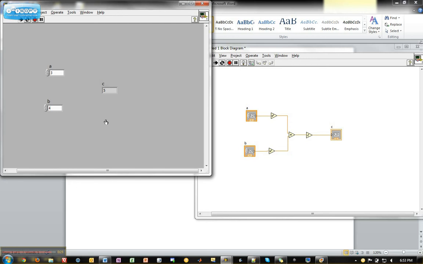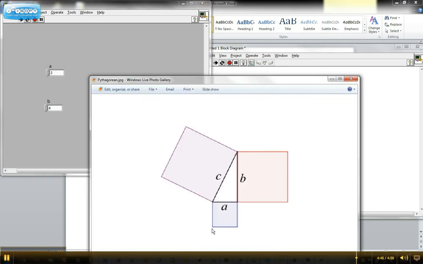That's 25. Now that would be the value that you get if you had C squared, but since we're taking the square root of 25, we end up with C equals 5. And if A were 3 and B were 4, C would equal 5. And that's how the LabVIEW program for the Pythagorean Theorem equation works.